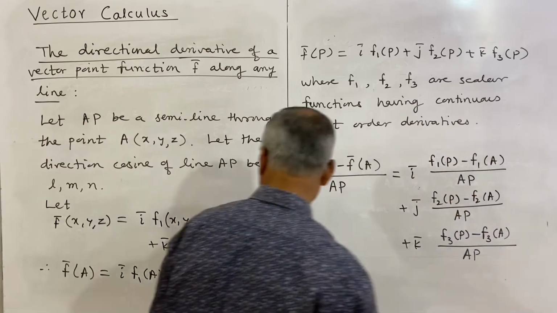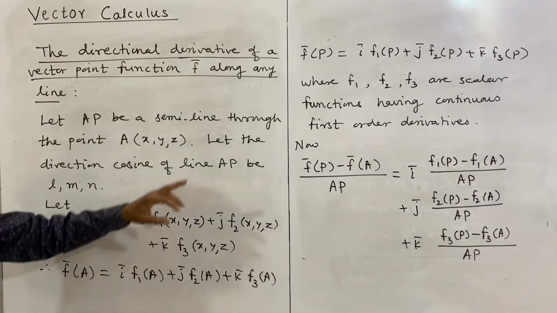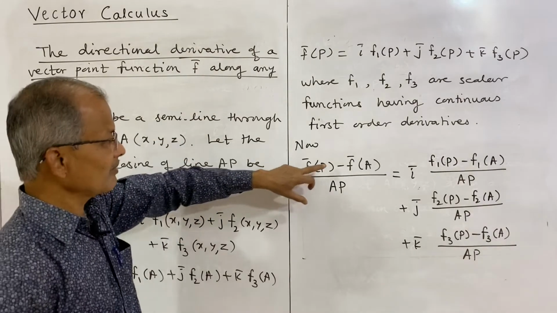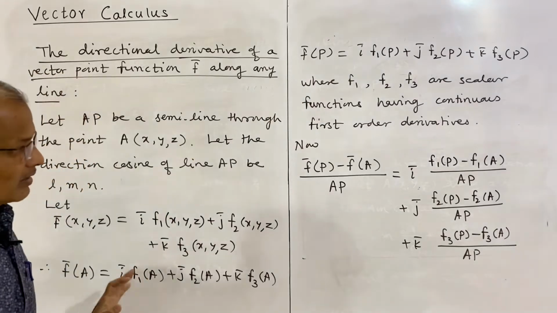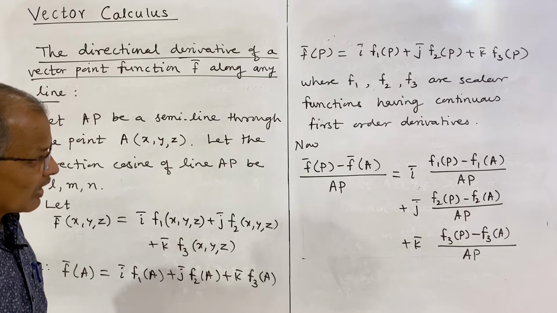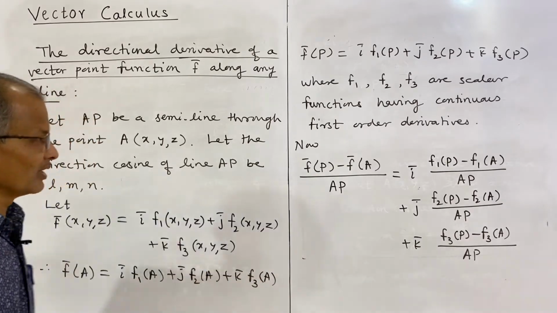You can see this difference, f bar P minus f bar A, is divided by AP, each term divided by AP. And now we shall take the limit as P tends to A on both sides.